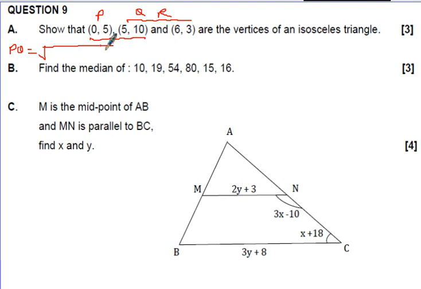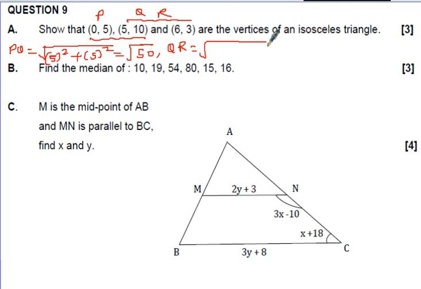When you find PQ, you will get x2 minus x1, so 5 minus 0 the square, 5 square, plus 10 minus 5 the square is 5 square. So you get 50, root 50, or you can write 5 root 2. Leave it, and then you can go with QR.